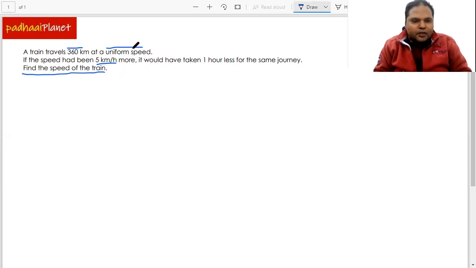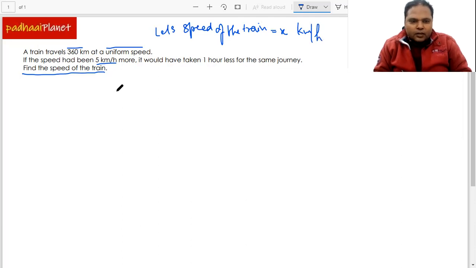Now, let's suppose first that the speed of the train is equal to x kilometers per hour.